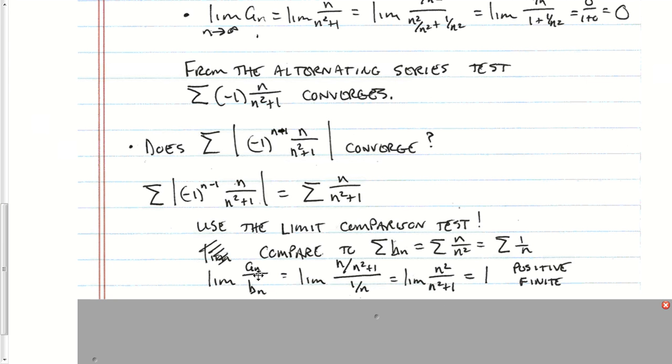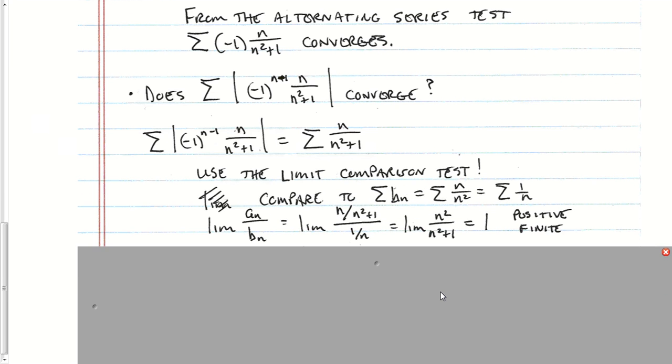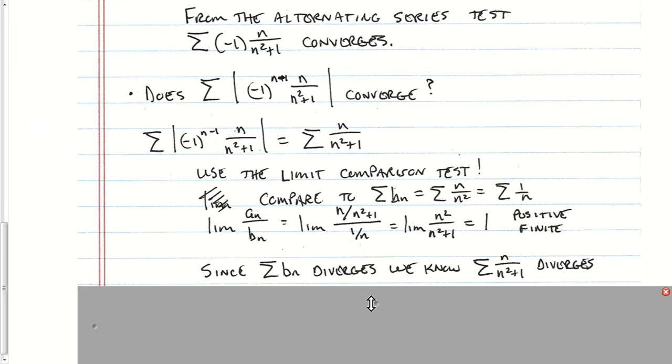And so we find the limit of this ratio is 1. And because that is 1, then we know it's positive and finite. And we know that the series of b sub n diverges.